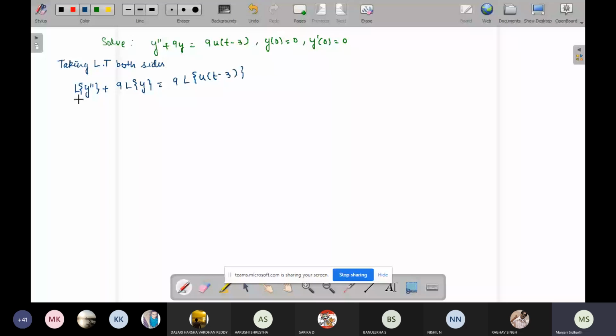So you know the formula. S square Laplace transformation of y, minus s y at 0, minus y dash at 0, then plus 9 times the Laplace transformation of y. And you know the formula, e power minus as over s is the Laplace transformation of u of t minus a.